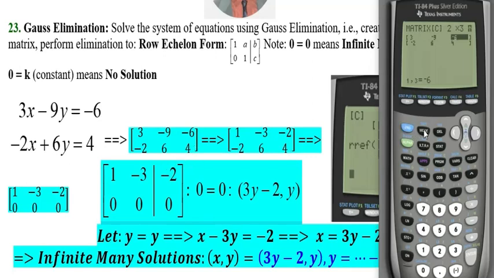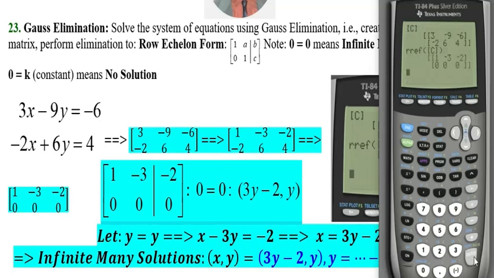Then second quit, second matrix. It is matrix C. And here it is: 3, minus 2, minus 9, 6, minus 6, 4. Then do second matrix, math, go all the way down, then go to ref, then call matrix C, second matrix C, and close the parenthesis.